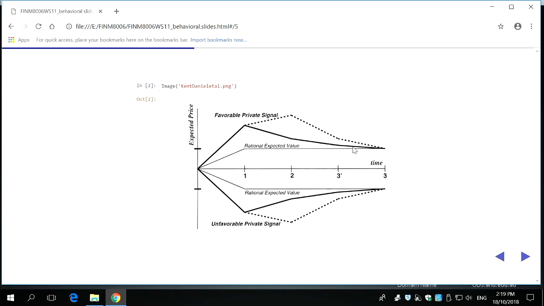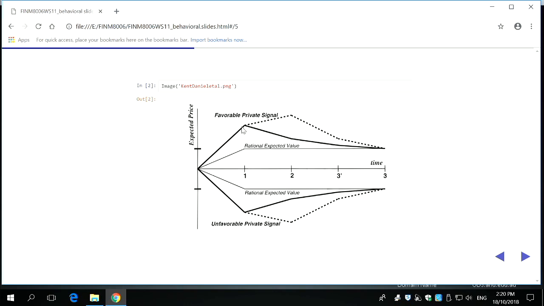Now, with overconfidence in your own signal, the price will overreact to a higher level, and if there's no further distortion, it will gradually go down to the fundamental level.